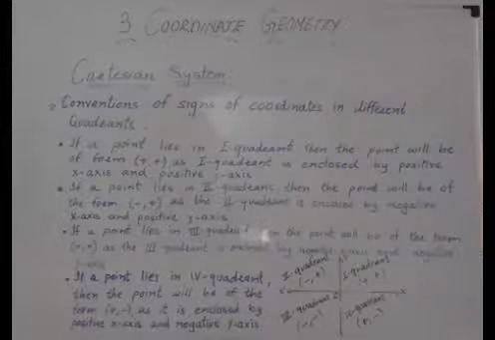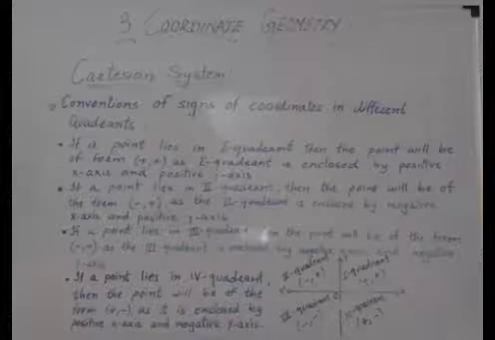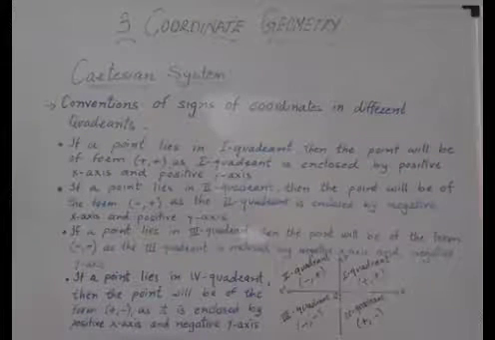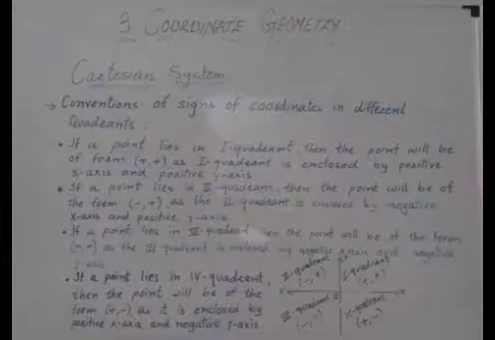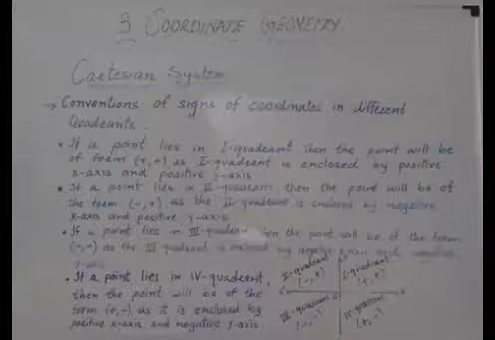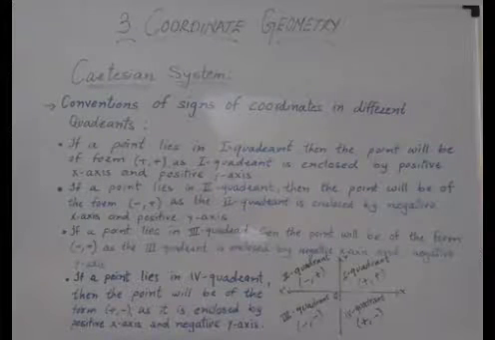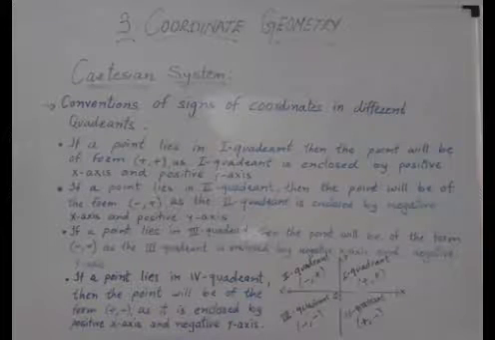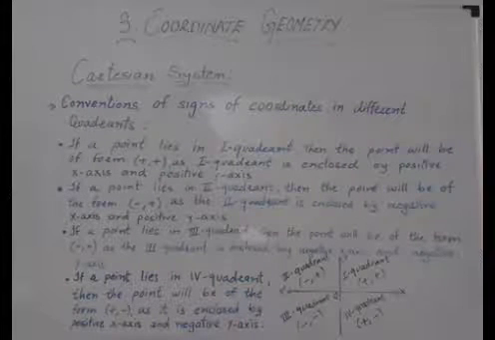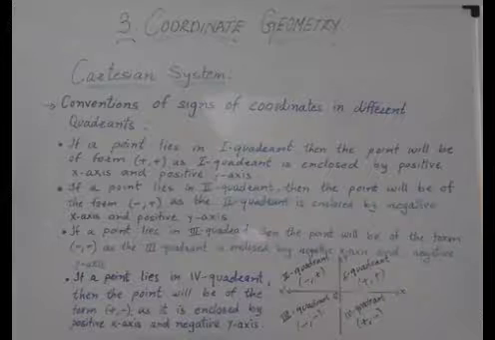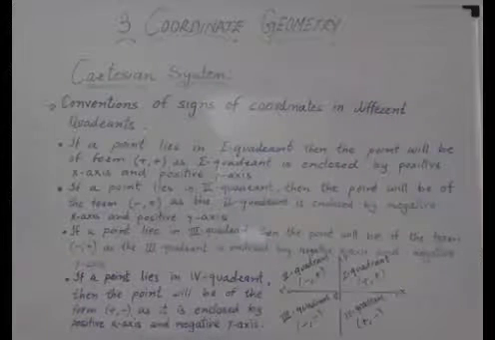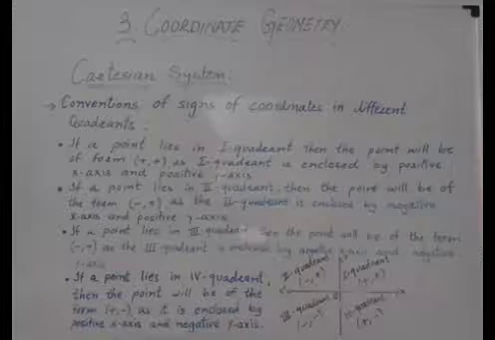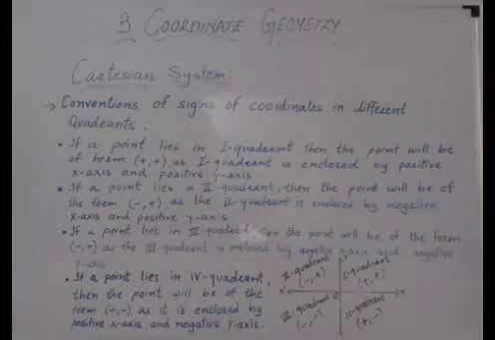That is, if a given point is in the second quadrant, then the abscissa will be negative and the ordinate will be positive. That is, the value of x will be a negative number and the value of y will be a positive number.